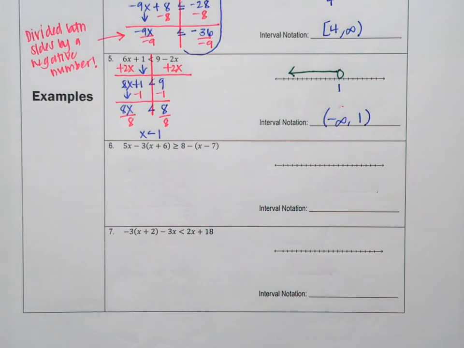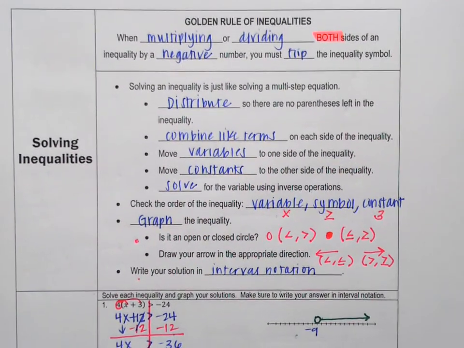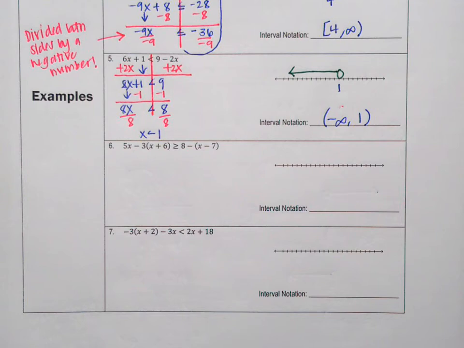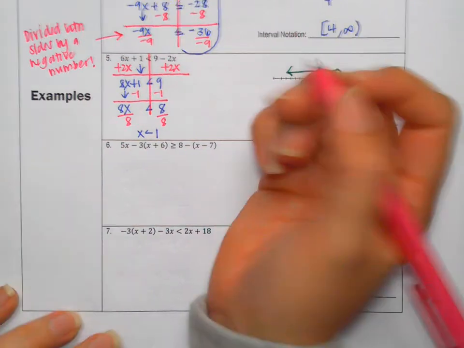Okay, let's move on to 6. So this is one of our multi-step ones. So first thing I want to do, I'm still going to follow my steps. Nothing is changing. I am still going through and following this same order of steps. I'm going to first distribute. So I actually have to distribute on both sides.